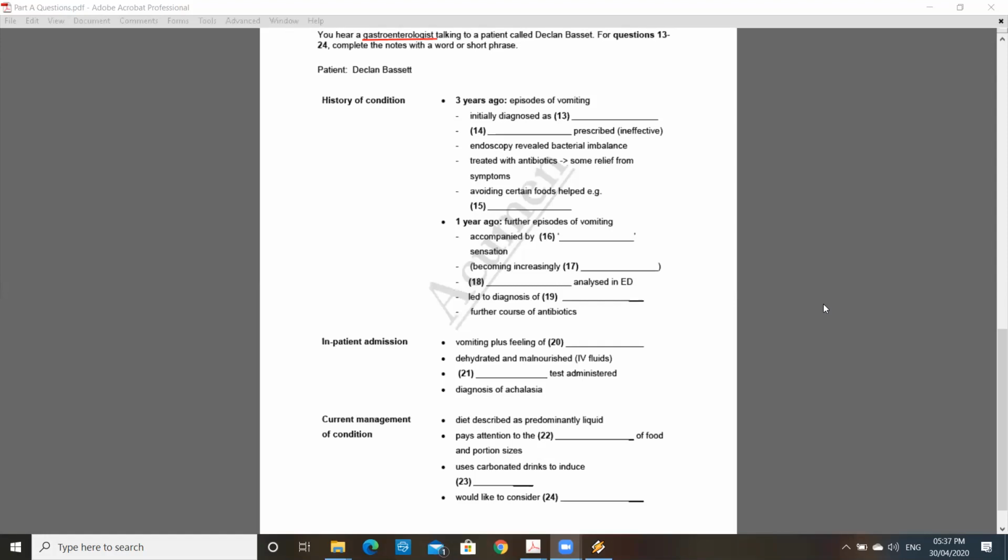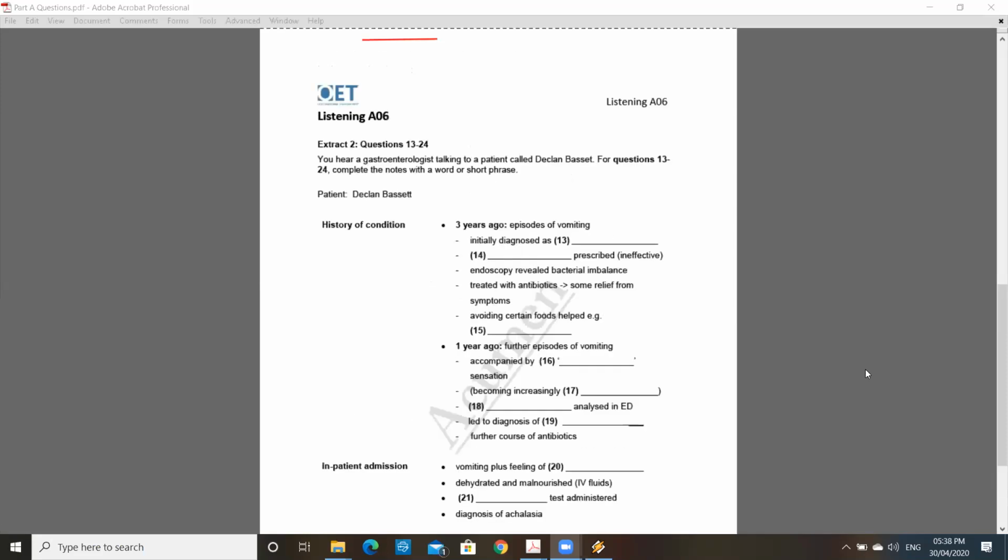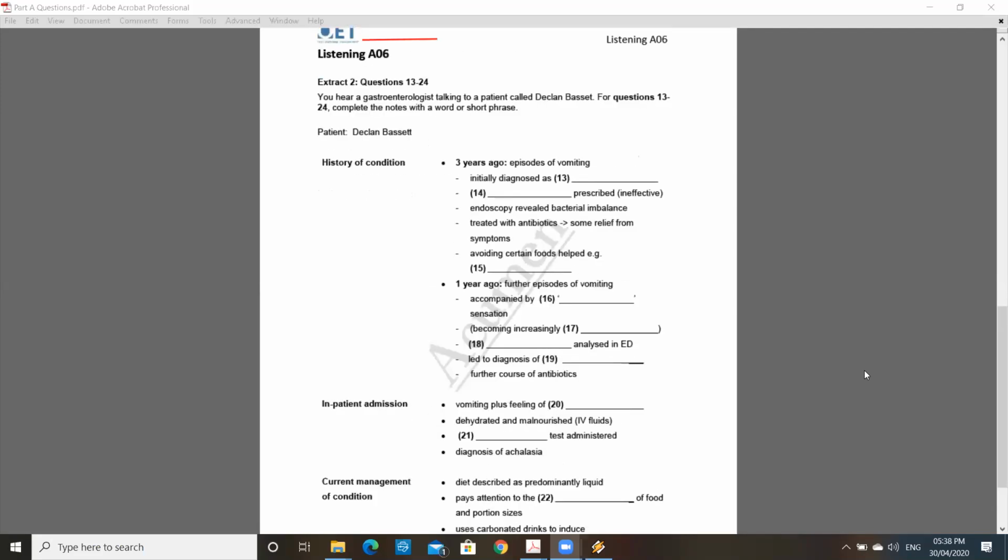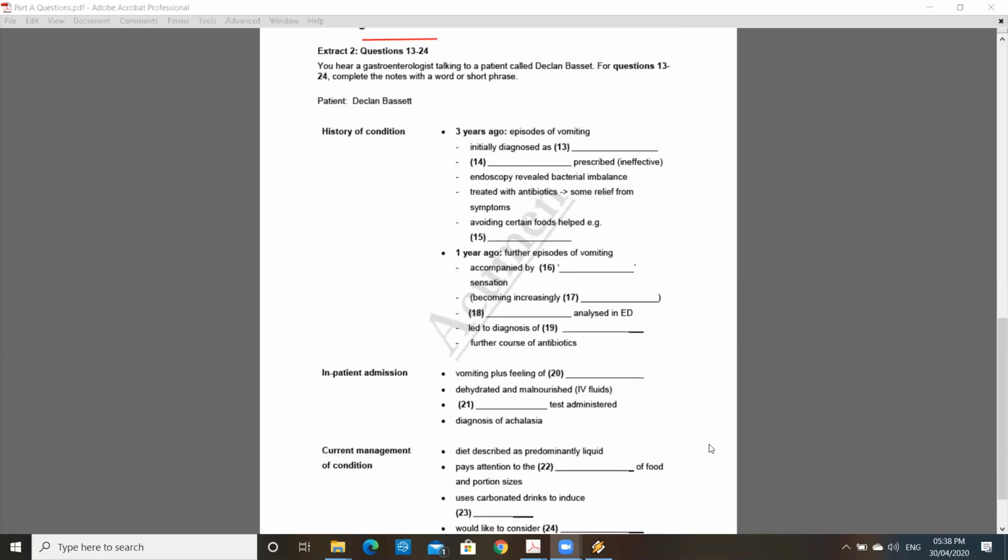Now, one particular blank where I think some of you have made an error is where it says pay attention to the blank of food, and almost everyone has written type of food here, which is not appropriate, because if it was type of food, then the word of wouldn't be there.